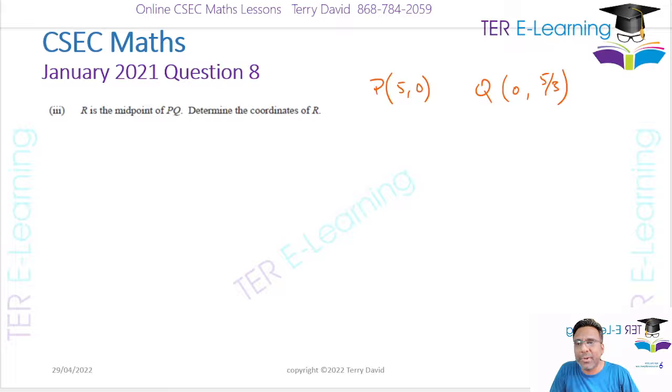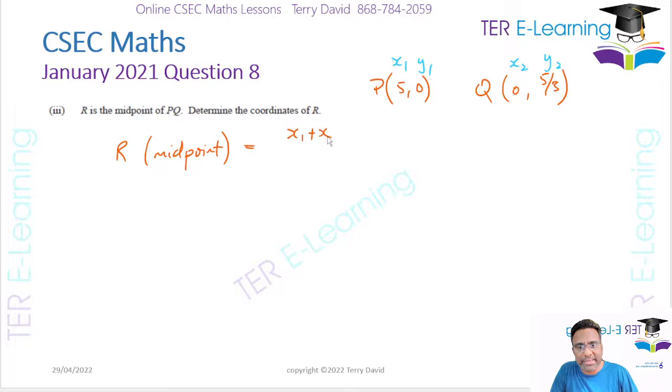Again, before I do anything, please label your points. So this is x1, y1, and this is x2, y2. Now, this formula is not given to you in the exam, so you need to know it. R, they said, is a midpoint, so there is a midpoint formula, which is given by x1 plus x2 divided by 2, comma, y1 plus y2 divided by 2.